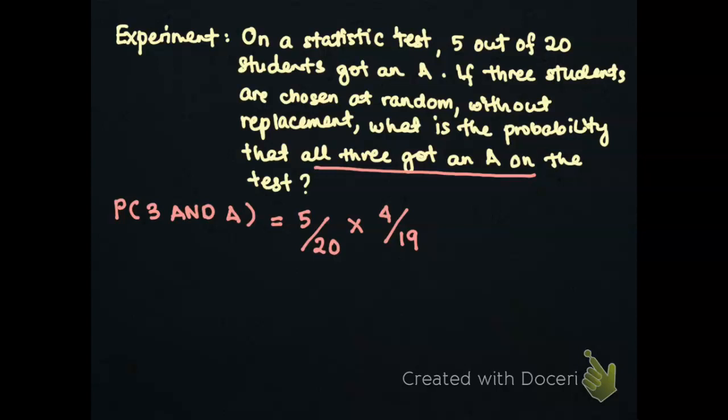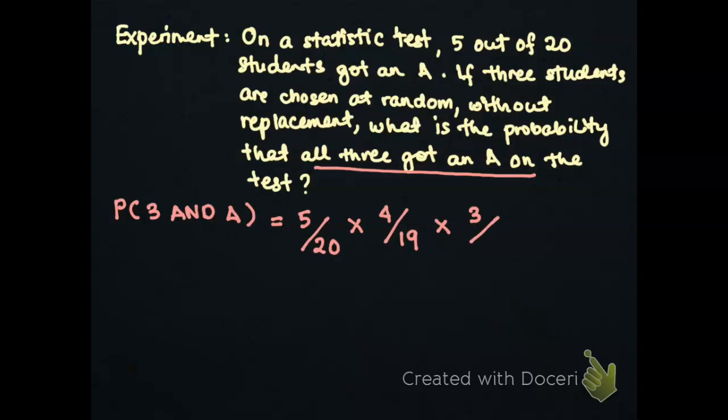Now for the third student with an A, the number of students with A reduced, since you do not replace them back in the list, so we get 3 students with A's, and your denominator will also reduce.